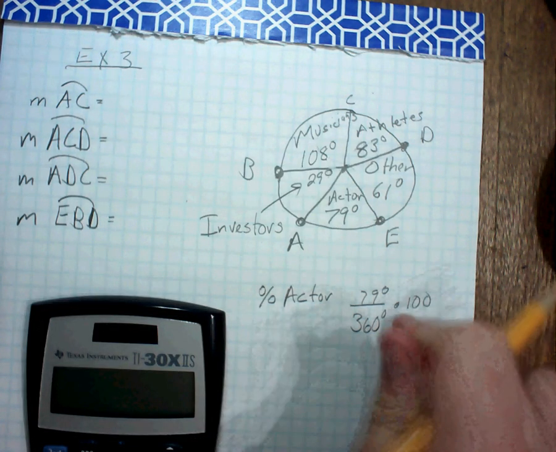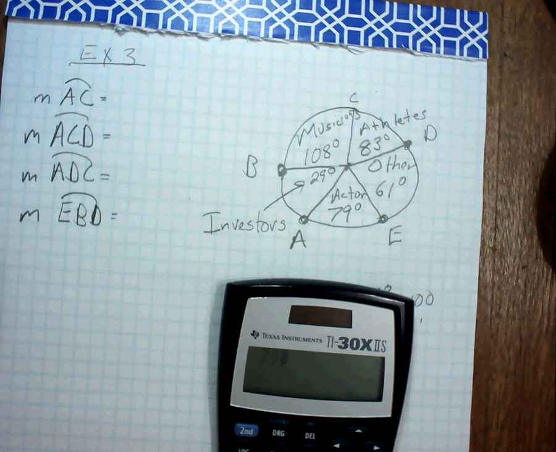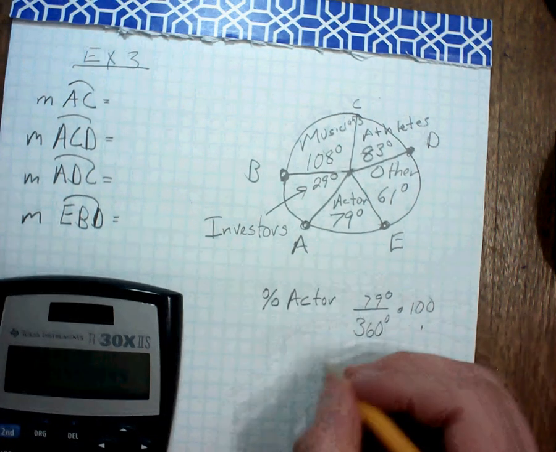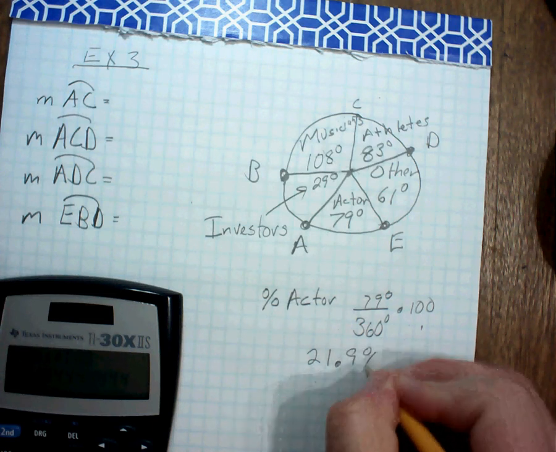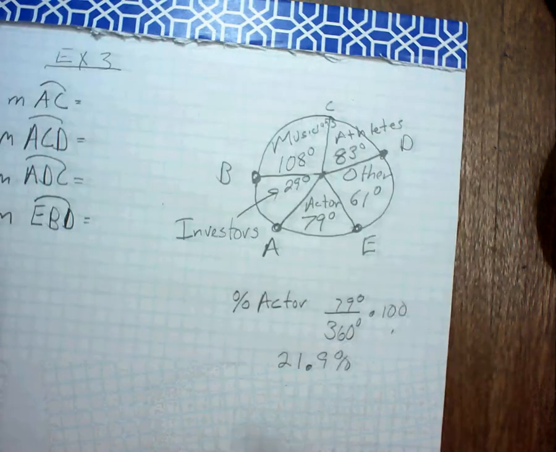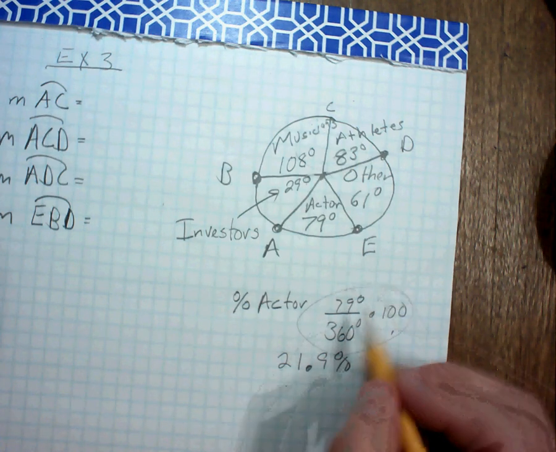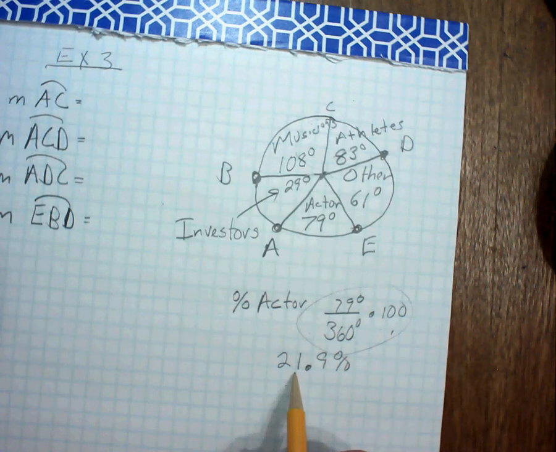This is not what we're doing in this problem, but we're leading up to it. So I would say 79 divided by 360. That gives me my decimal. Multiply that by 100, and I get 21.9%.